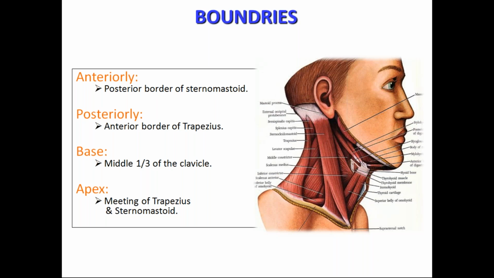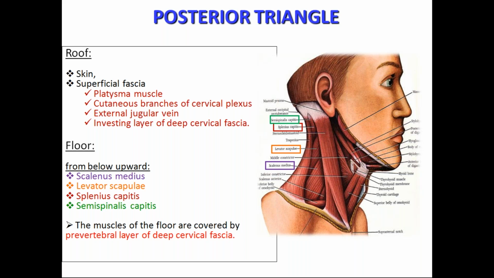So here it is clearly seen that the sternomastoid muscle clearly divides the anterior and posterior triangles of the neck. The roof of the posterior triangle is formed by the skin, superficial fascia consisting of the platysma muscle, cutaneous branches of the cervical plexus, external jugular vein, and the investing layer of the deep cervical fascia.